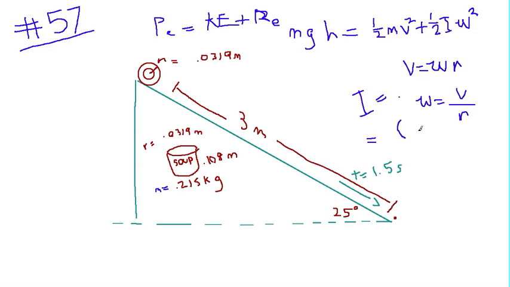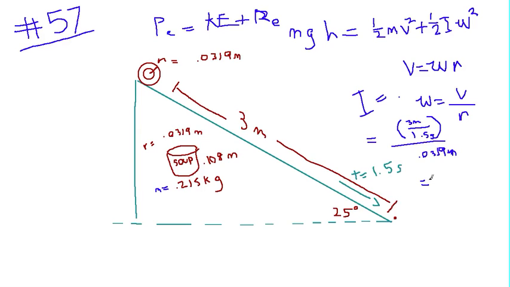So it's going to be 3 meters divided by 1.5 seconds, over 0.0319 meters.